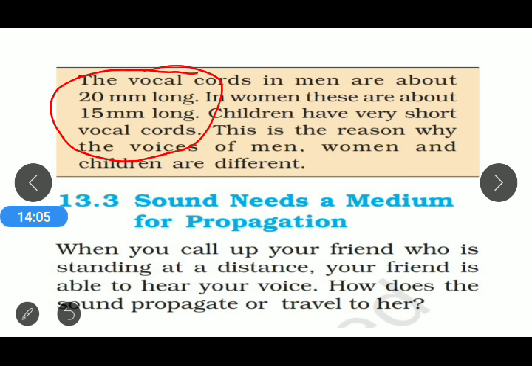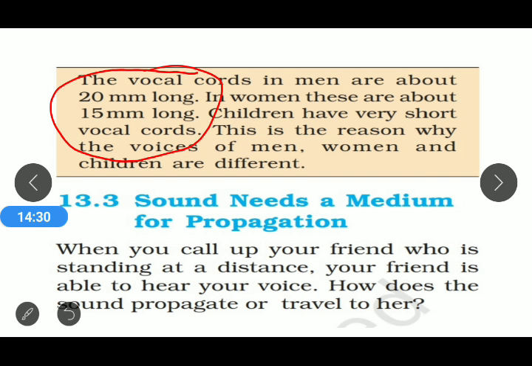The functioning of the vocal cord can be understood that only when it is vibrated can it produce the sound. And the size of the vocal cord also plays a very important role. If the size differs in man, women and children, that's why they all have a different variety of sound.